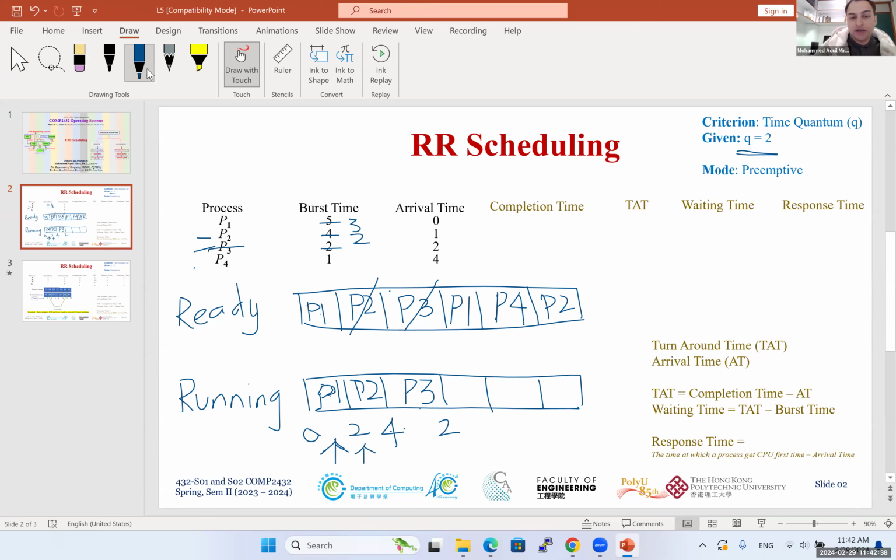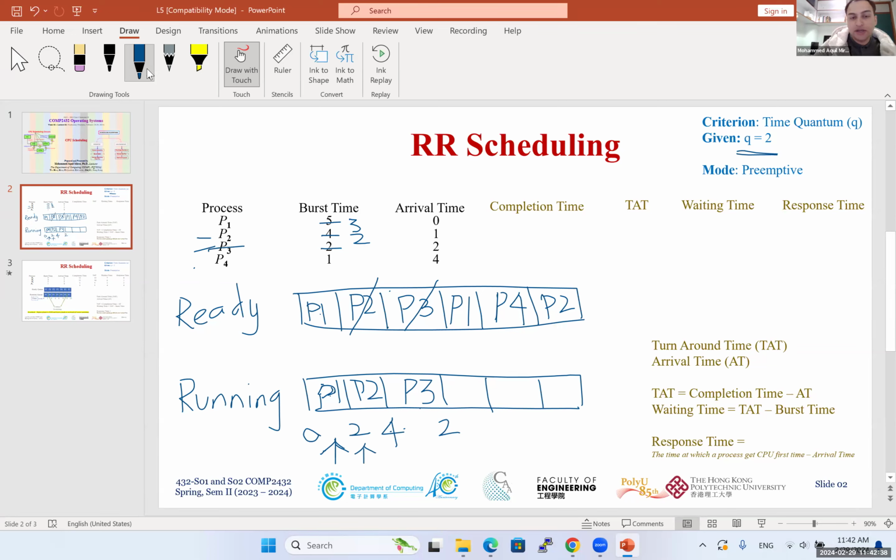So now if you try to see the completion time for process P1, it is 12, whereas for process P2, you have to see the last time where it got terminated, and the completion time is 11.